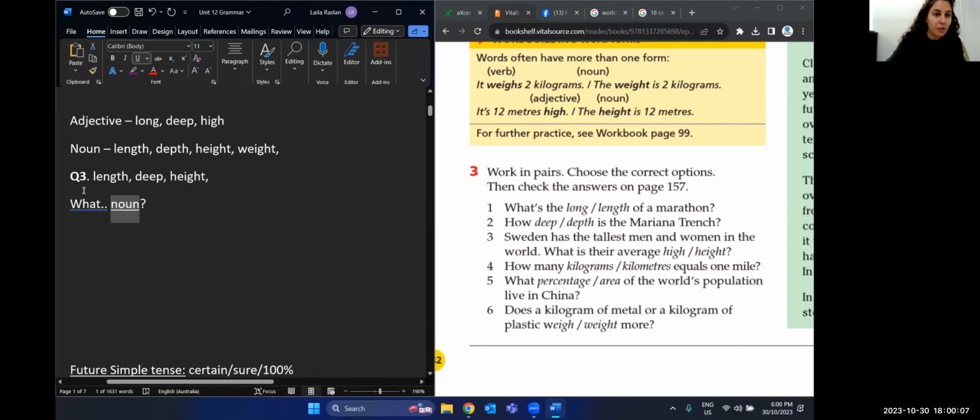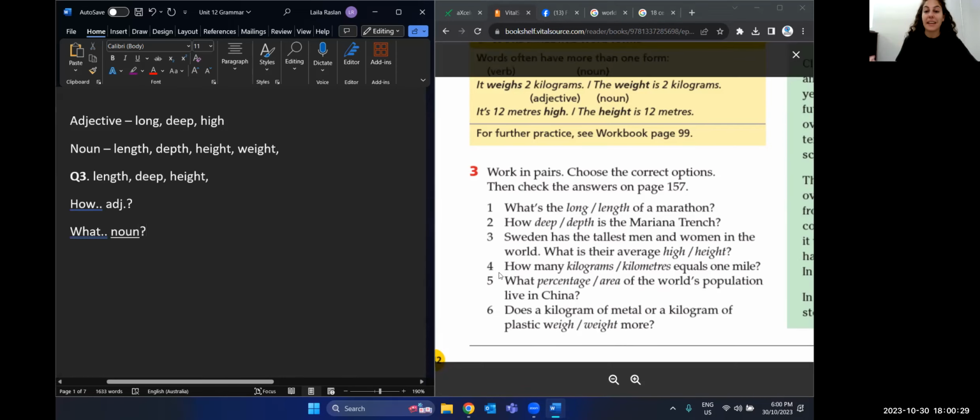And as I said before, with the how questions, use the adjective. So that's how you know which one to add. You just got to remember the nouns. So height for number 3.